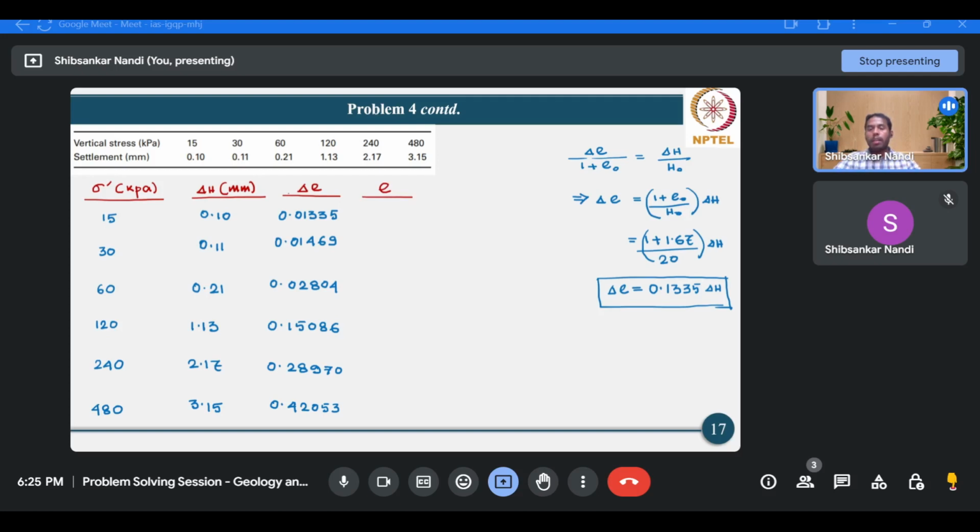So these are the changes in void ratio corresponding to each vertical stress increment, starting from 15 kPa to a value of 480 kPa.